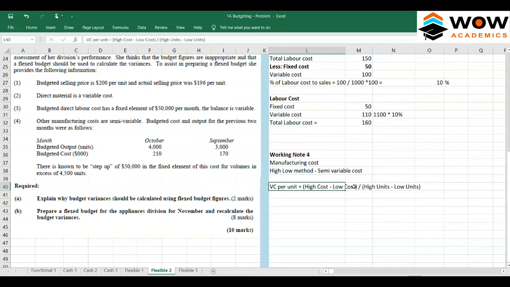Okay, so we'll work this out. The high cost is 210 minus 170, and the high units is 4000 minus 3000. Okay, so this is given in terms of 3 zeros, so we'll put all the 3 zeros.